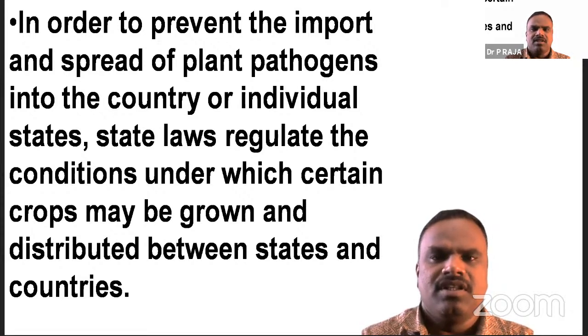Say, for example, if I want to bring some kind of forest tree species from other parts of India, like neem seedling, and plant it here, then under the state laws we have to check whether it is suitable to introduce into the land. If even introduced, will it bring any disease outbreak? So that we must know.